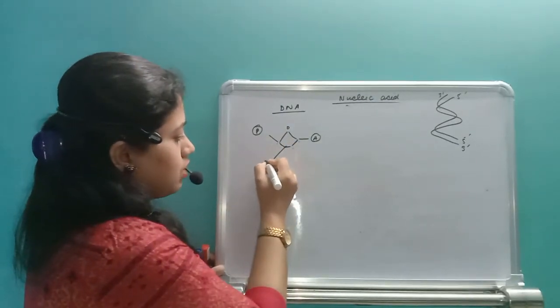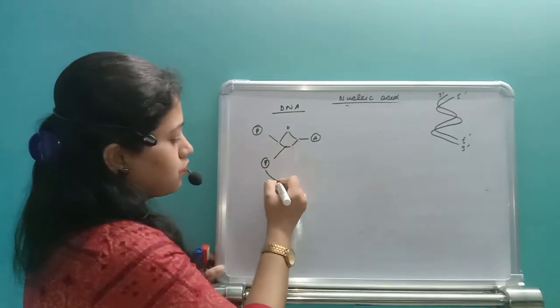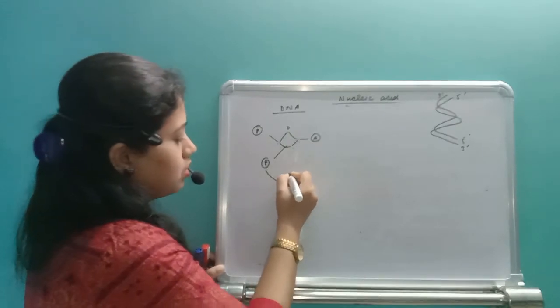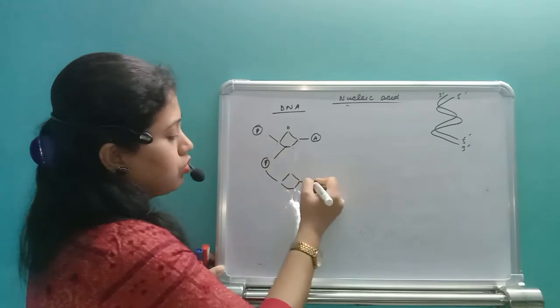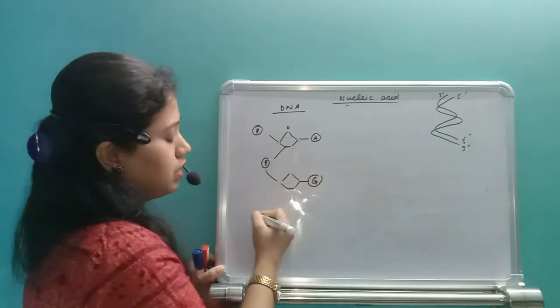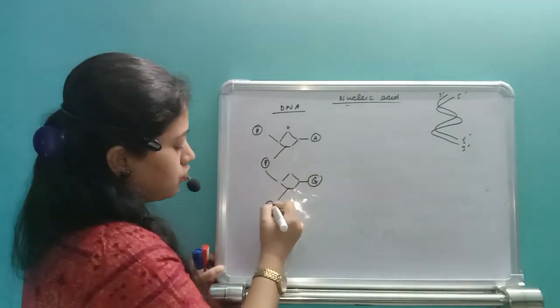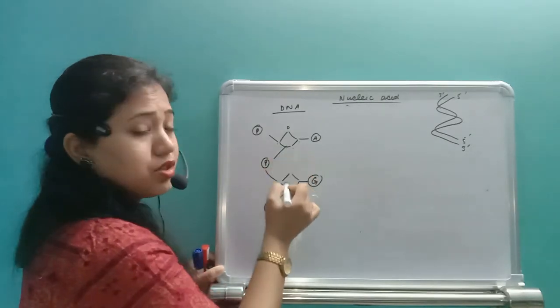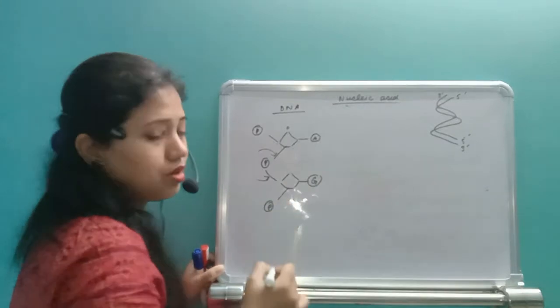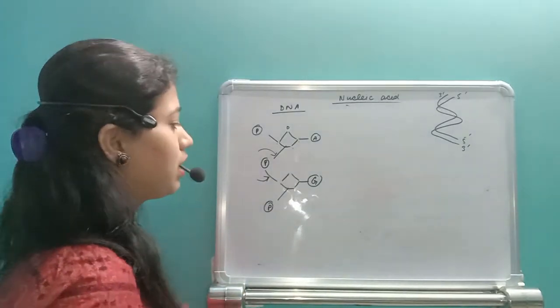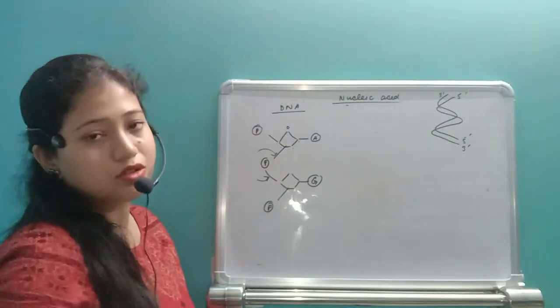With this there will be another phosphate, and this phosphate is going to make a bond with the fifth carbon atom of the next nucleotide. Here we have, suppose, guanine. So this way the phosphate will bond with two nucleotides, and this will be an ester, and this another ester. So this phosphate will make a phosphodiester bond.